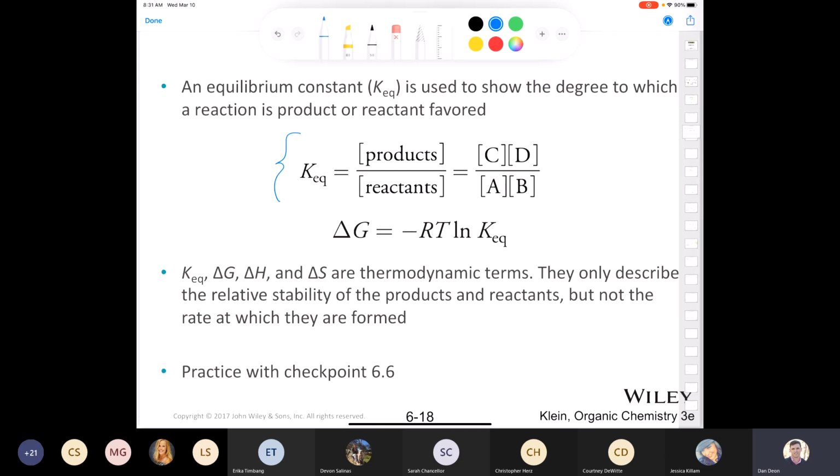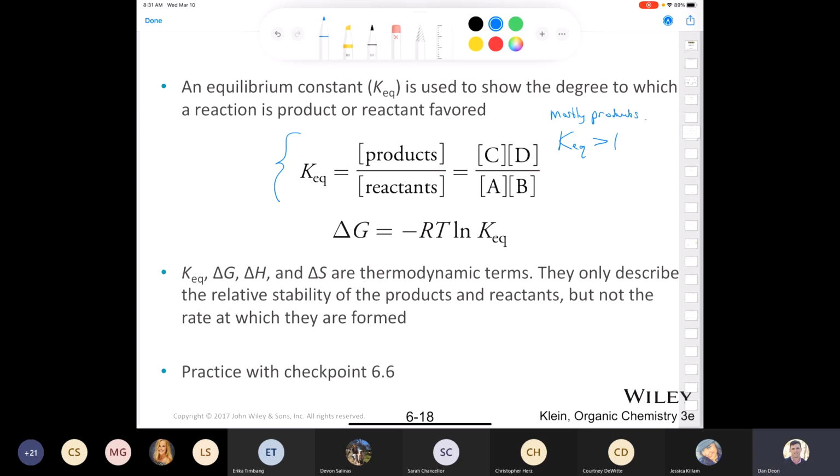Well, delta G is equal to negative R times temperature times the ln, the natural logarithm, of the K equilibrium. If I have more products than reactants, I'm going to have a bigger numerator than denominator. And in that case, the K of the equilibrium is going to be greater than 1, if it's mostly products. Okay? Well, take your calculator, and if you don't have one, I'll do it for you.